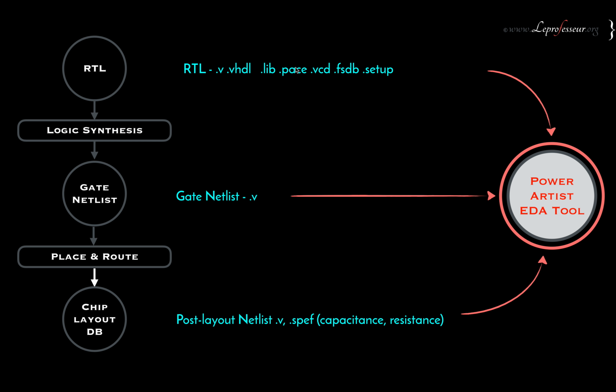If you don't already have them, you may need to generate them using an existing previous design for that particular technology node, let's say 7 nanometer or 14 nanometer, and you can use that to get an estimate at the RTL level. And VCDs, FSDBs, those are basic things you can get from the verification engineer.